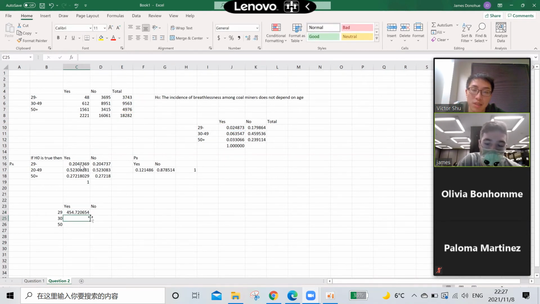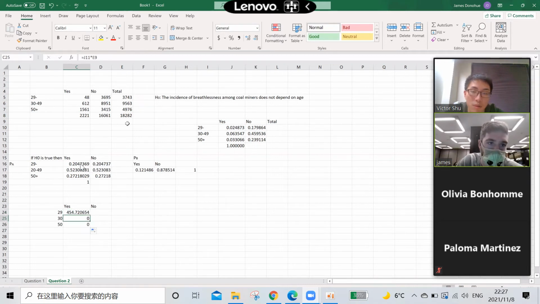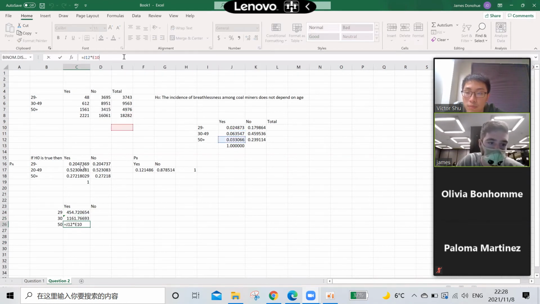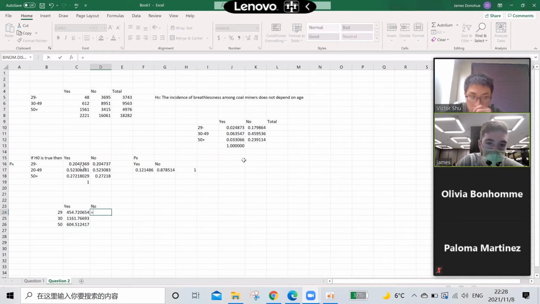Now, instead of selecting one guy, I have 18,282 guys. So what is my expected value of under 29 plus having the problem of breathlessness? You use that probability multiplied by the total number of people. And this would be the same equation, the total times probability.